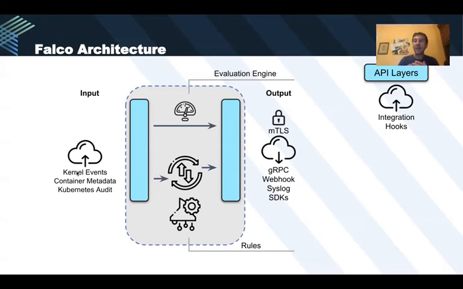So every time a file is opened or read or written, every time a connection is established, every time data is transferred on the network, every time a user performs an action like executing a command or modifying a file or logging in and so on, a system call is generated and a kernel event is generated. Falco can listen to these events by leveraging eBPF, and each of these events is super granular, like an open on a file, a connect toward a server on the network. These all become inputs that Falco is able to capture and process.